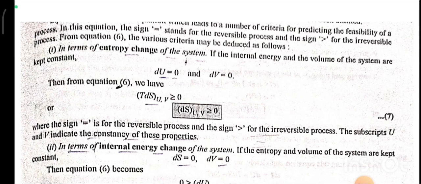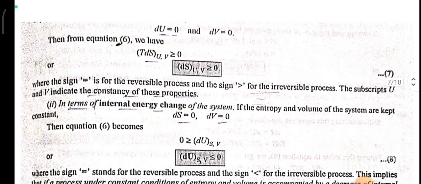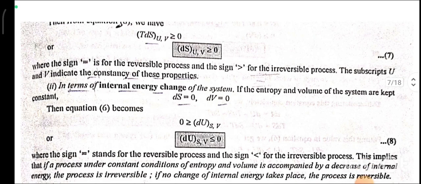Then from equation 6, we have TdS at constant U and constant V is greater than or equal to 0. dS at constant U and V is greater than or equal to 0, where the sign equal to is for a reversible process and the sign greater than for an irreversible process. The subscripts U and V indicate the constancy of these properties.